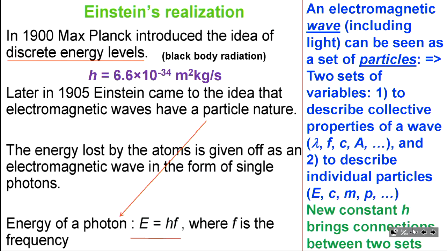So the solution was proposed by Einstein. He got the Nobel Prize for that. He used an idea first, which came from Max Planck, that energy actually might be distributed in small portions. Planck thought that was just a mathematical way to describe the spectrum. But Einstein says, no, it's more than mathematics.